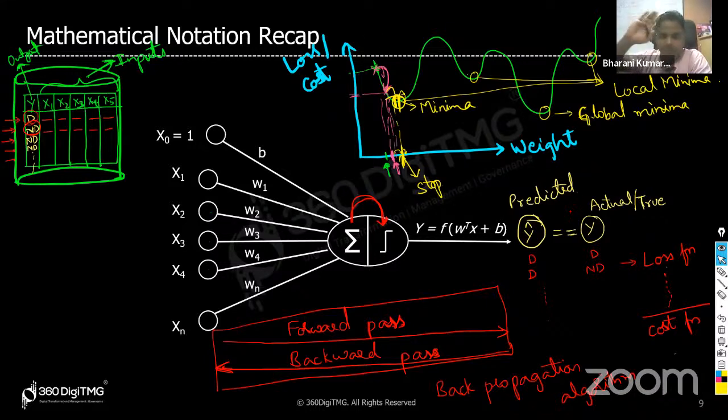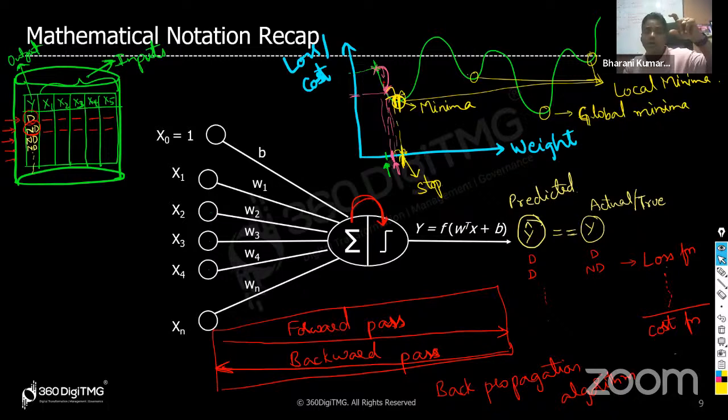We'll get there. We will look at how the weights are updated, what is the formula, all that we will consider. It's just a high level overview that I'm trying to give.